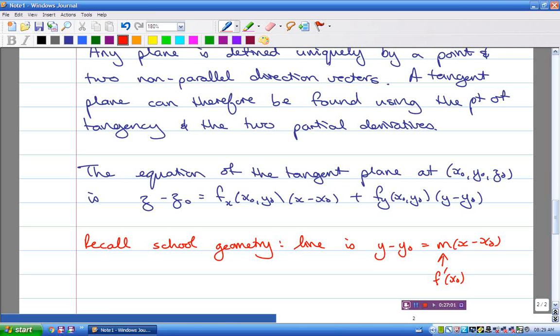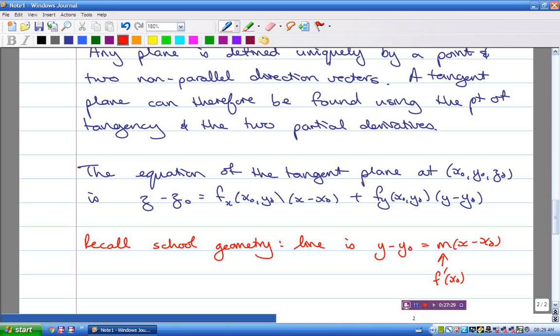And in fact, later on when we do Taylor's theorem for two variables, this has links with that as well. So you might want to leave a little note in the margin saying see Taylor's theorem, which will only really make sense when we get to the end of the semester. But of course, you're keeping your notes forever, aren't you? So it might not make sense right now, but give it a couple of months and it'll make sense forever.